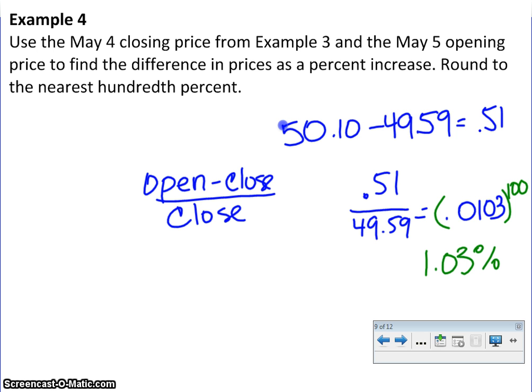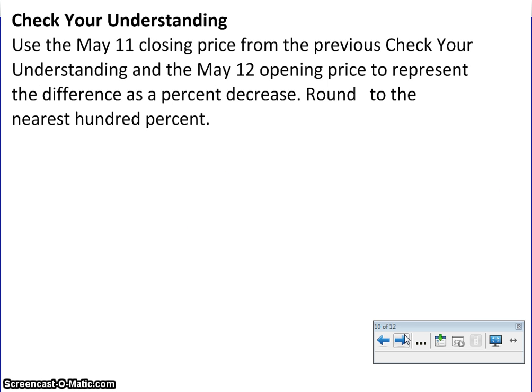It asks to answer it to the nearest hundredth. Remember here, this is the tenth spot, and this is the hundredth spot. So 1.03% is our answer. All right, please press pause. Go ahead and solve this. Come back when you're ready.